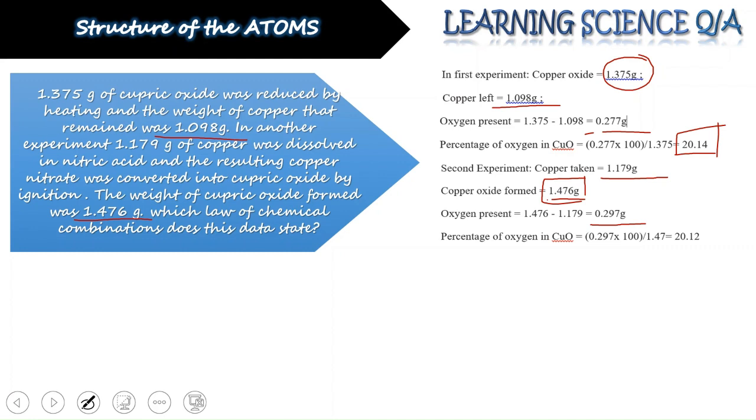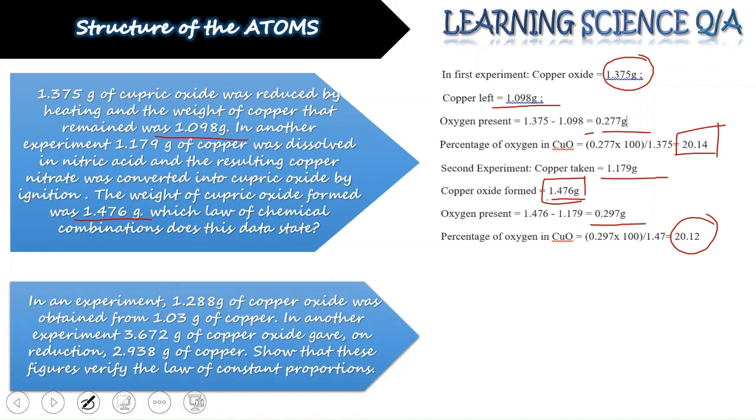So to calculate the percentage, we divide 0.297 by the total gram of copper oxide, 1.476, and we get the oxygen percentage as 20.12, which is in tally with the oxygen percentage we obtained in the first experiment. So we can say that the data provided with us holds true for the law of definite proportion.